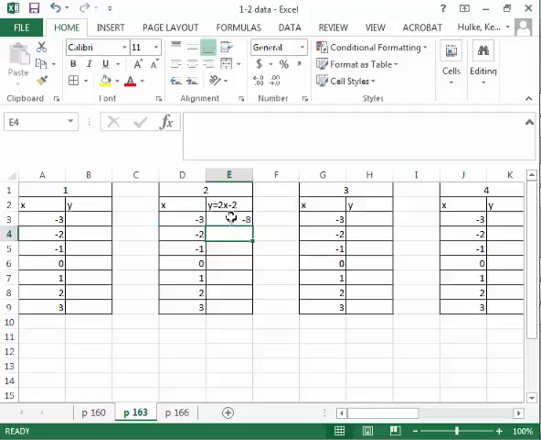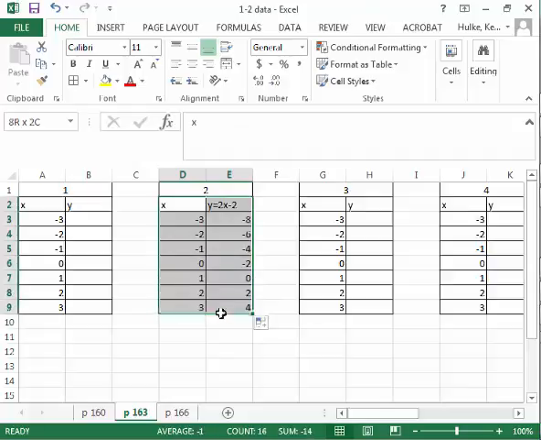And when I get that, now this is where Excel really works good. You don't have to even enter any more data, because I'm going to go to the lower right hand corner and see how my white cross changes into a black plus sign. So when it changes into a black plus sign, I can drag it down and it will graph all of those points. And it says connect them with a smooth curve.